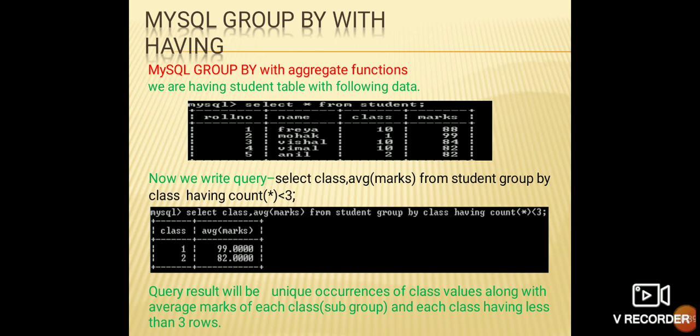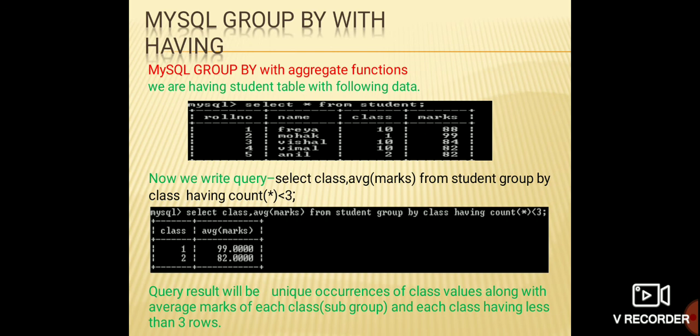Okay, now I want to extract the average mark of the student by using group by and applying some condition into that. So what I will do: select class, average mark from student, group by class having count less than 3. Those classes only I will take out whose count is less than 3.